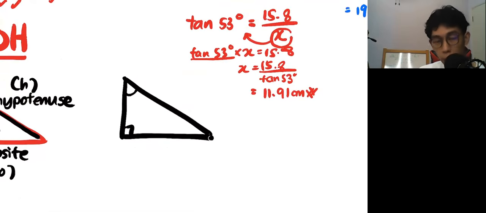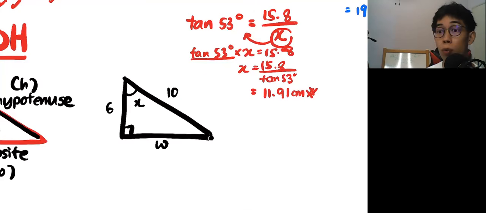Now I'll be placing this as X. You can put X, the examiner may want to put theta or A also, up to them. So I want to put X. That's a 10, that's a 6, that's a W. And W, everybody knows, Pythagoras theorem, but I don't want you to find W, that one is too easy already. Don't do this.